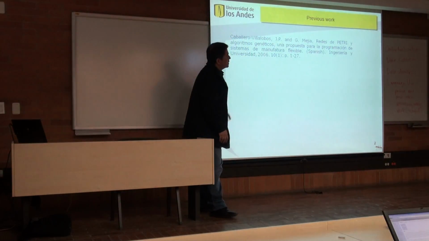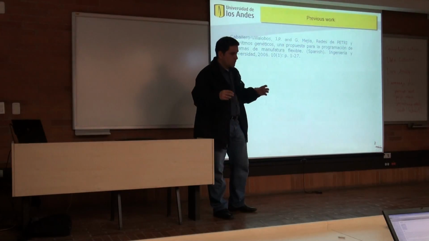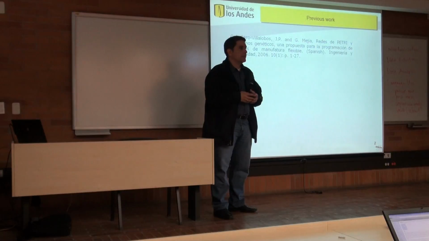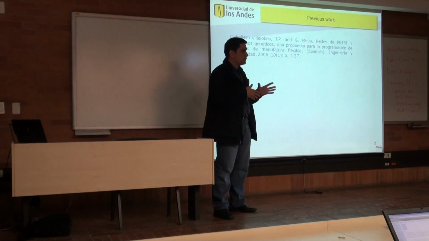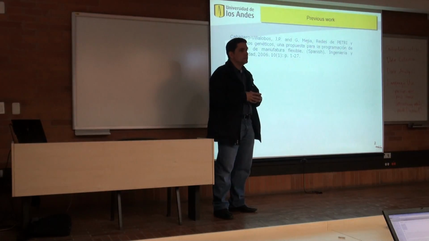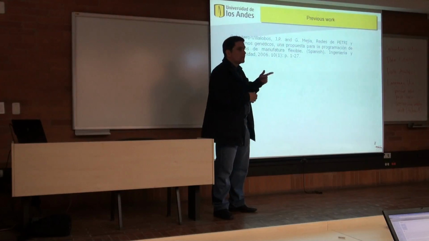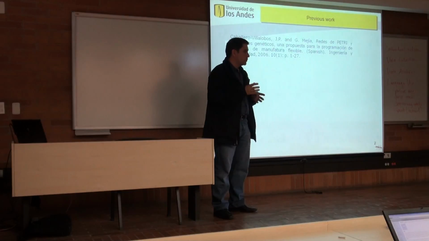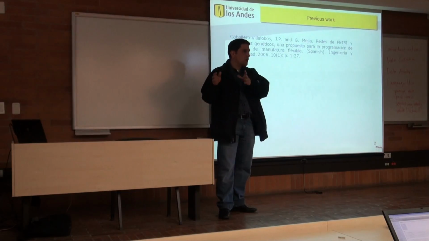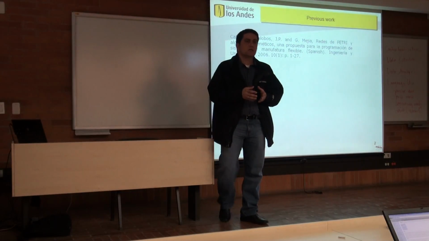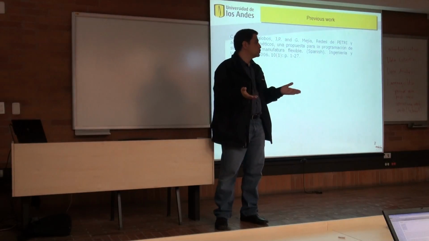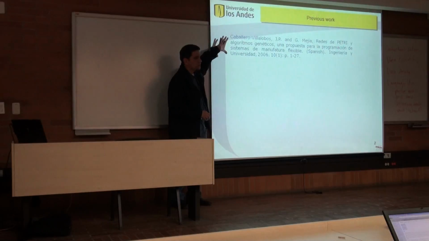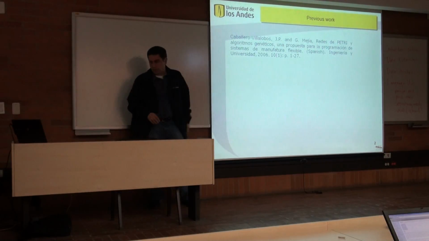It proposed a chromosome to represent in a proper way the system, the fabric, the production line, and after that the genetic algorithm is used to evolve the Petri net from the initial marking to the final marking that implies the production of the parts. But it is just a theoretical approach.